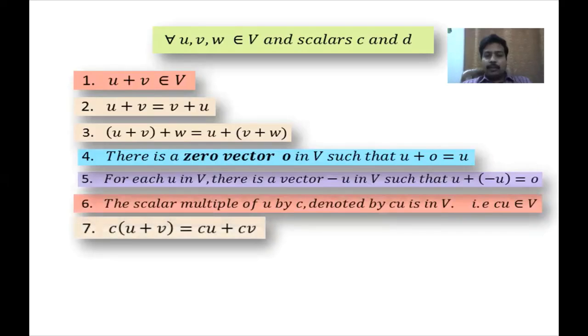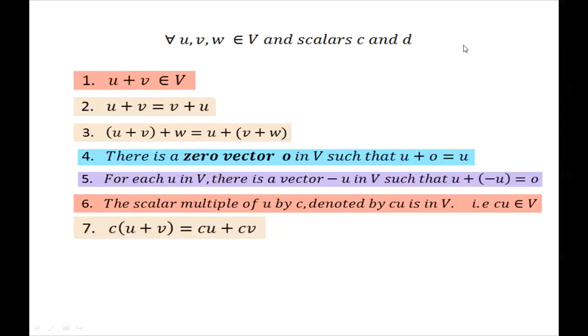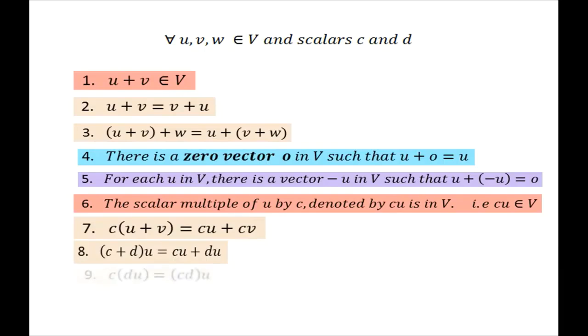c times (u plus v) is equal to cu plus cv. And the eighth property is that (c plus d) times u is equal to cu plus du, where c and d are scalars and u is a vector. And the ninth one is c times (du) is equal to (cd) times u, where c and d are scalars and u is a vector. And finally, 1u is equal to u. If all these 10 axioms are satisfied in a set V, we can say that V is a vector space.